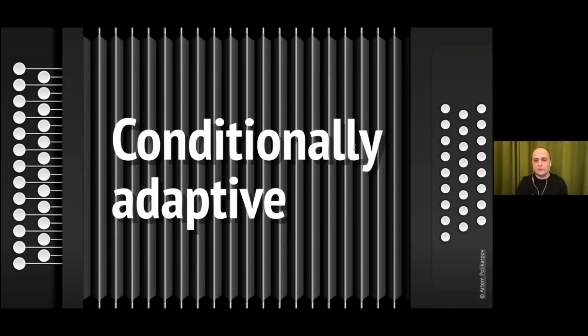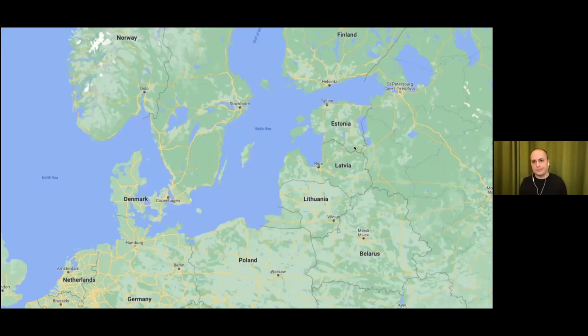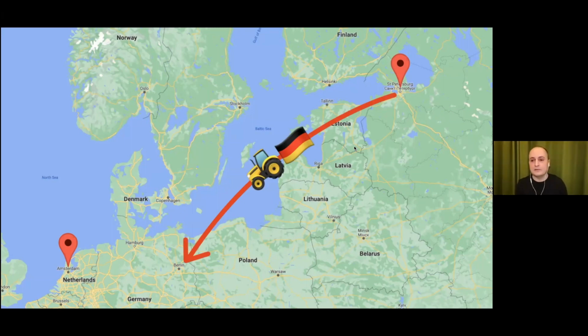Just a few additional words about myself. This community, WebCore, is based in Amsterdam, Netherlands. Currently, I'm based in St. Petersburg, Russia, but there's actually one thing going on right now. I'm in the process of moving to Berlin very soon. Next week I'm going to arrive in Berlin and stay there for a while. I don't know for how long.